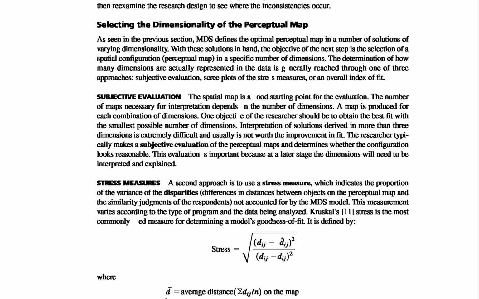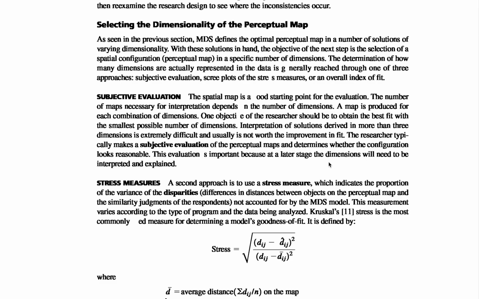Subjective evaluation: the spatial map is the starting point of the evaluation. The number of maps necessary for interpretation depends on the number of dimensions. A map is produced for each combination of dimensions. One objective of the researcher should be to obtain the best fit with the smallest possible number of dimensions. Interpreting a solution derived in more than 3 dimensions is extremely difficult and usually is not worth the improvement in fit.